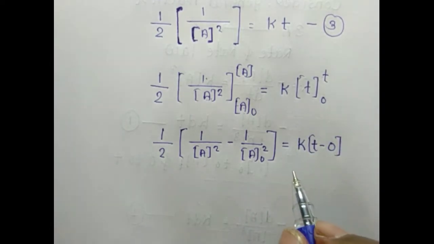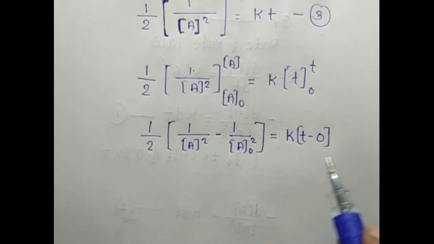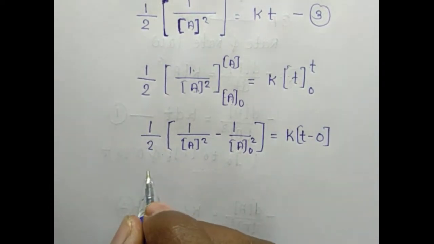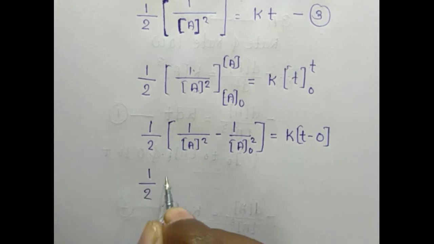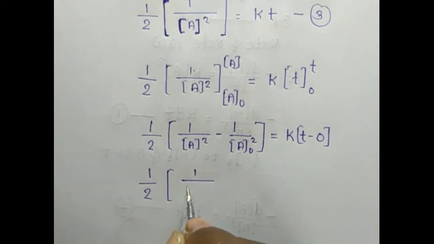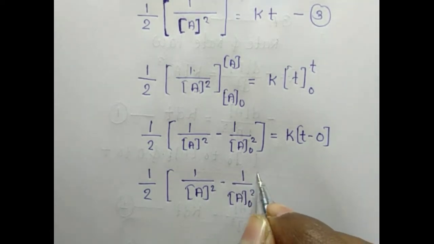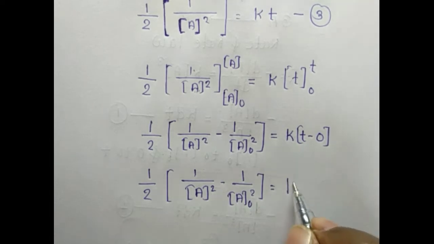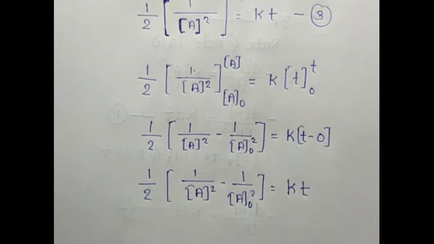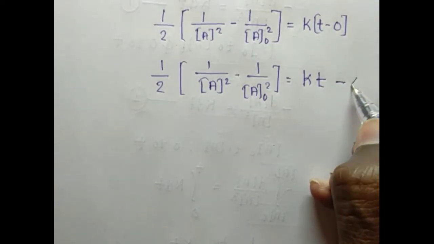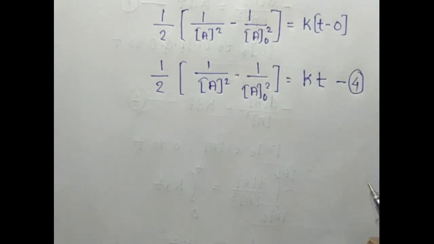Hence equation 4 becomes 1 half into bracket 1 upon A square minus 1 upon A0 square is equal to Kt. This is our equation number 4.